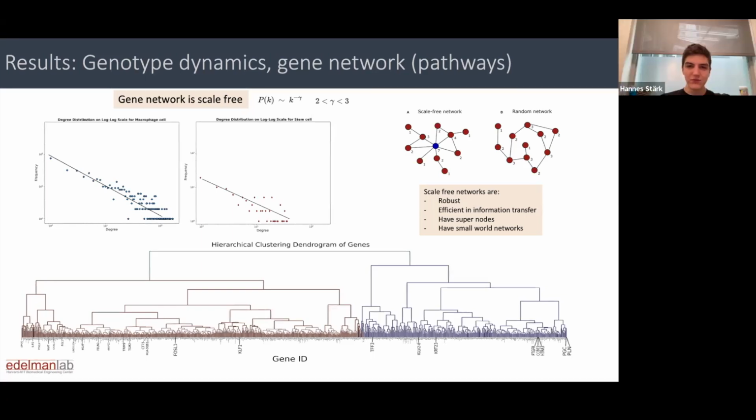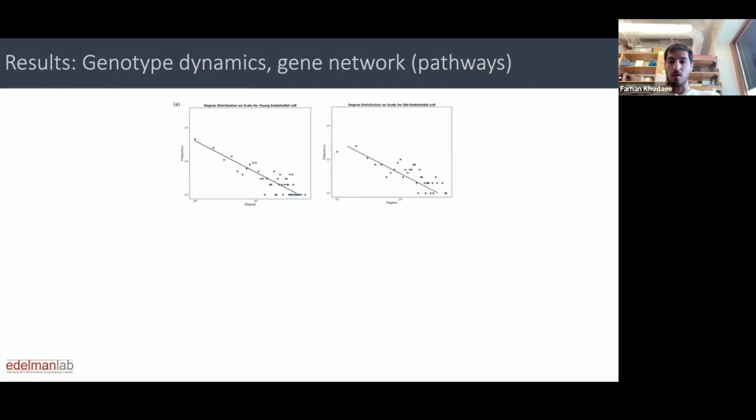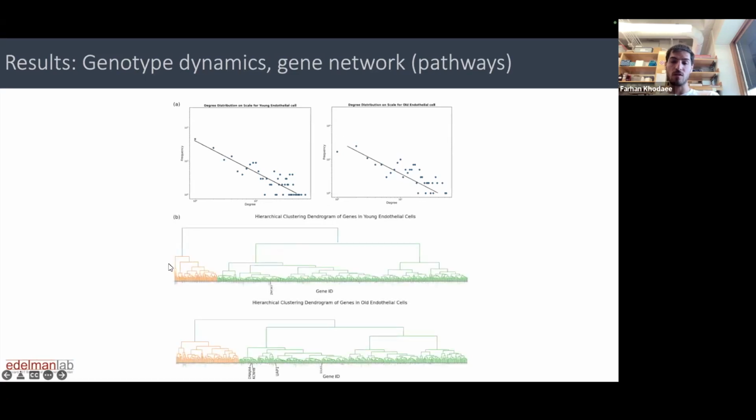But it becomes more interesting when you look at it in the context of a phenotype. I looked at it in endothelial cells, young endothelial cells and old endothelial cells, and you can see the scale free pattern is pretty much there, but the nodes that we call hub nodes, the nodes that have a lot of connections, kind of disappear. They lose some of their connections, and it becomes more clear when you do this kind of clustering.